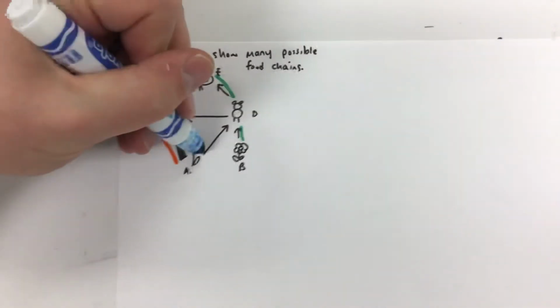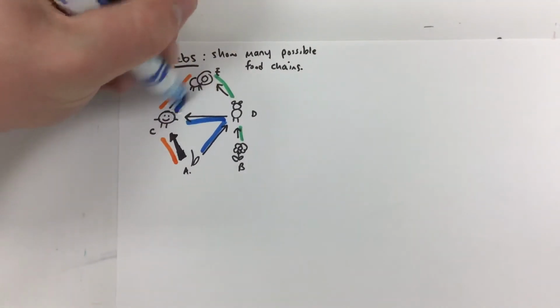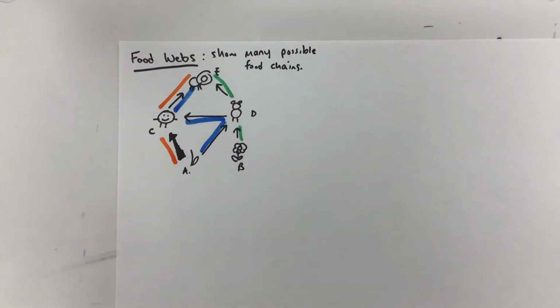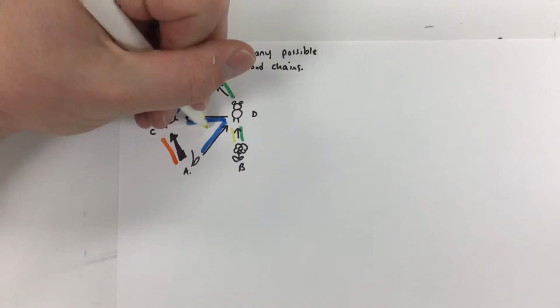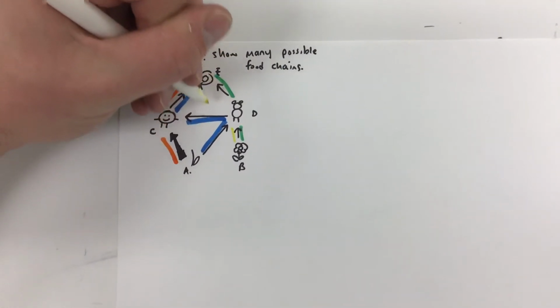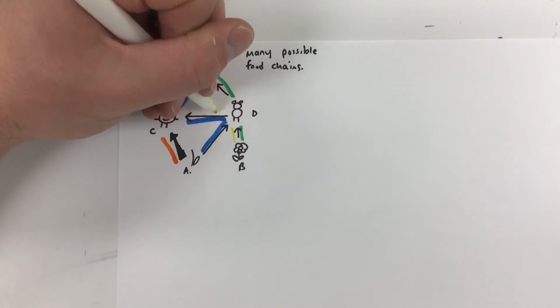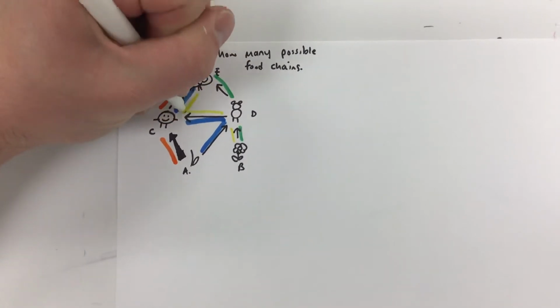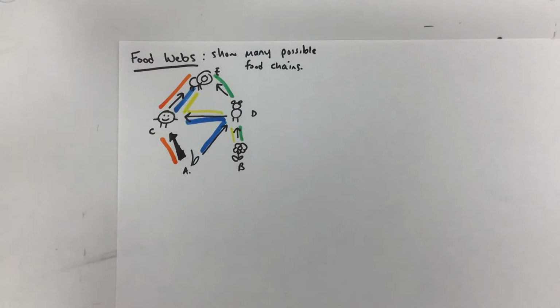A to D to C to E. And then there's one more. Oh, A to D to E. Oh, we also got this one here. We got A, B to D to C to E. Right? And then is there any more that I'm missing?